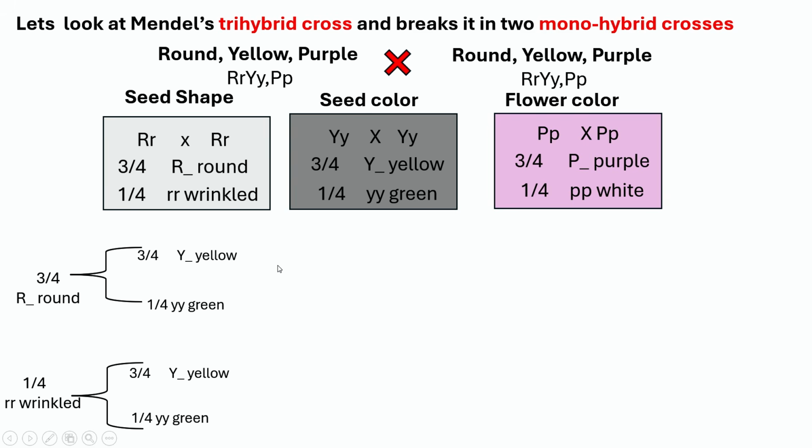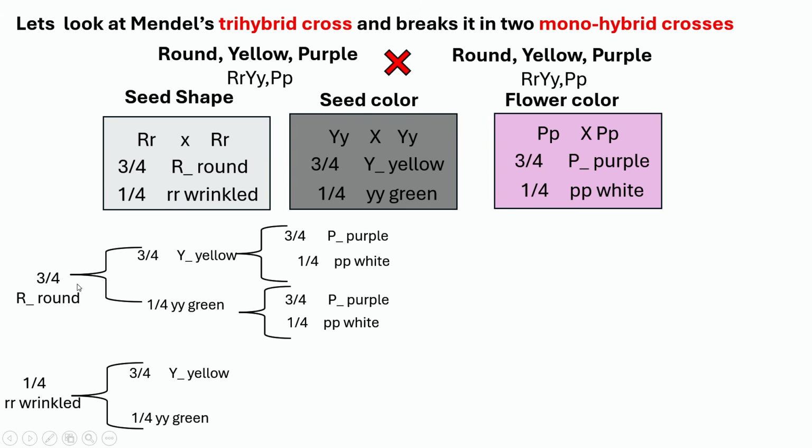When we multiply these probabilities, we get round and yellow or round and green. Now we have an additional factor, which is color of flower. So 3/4 is the probability of getting the purple flower, and 1/4 probability of getting white flower.